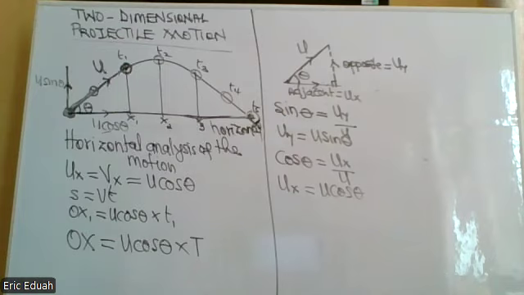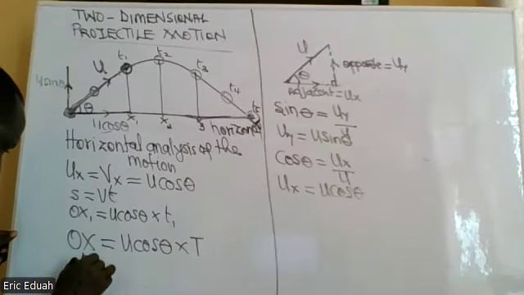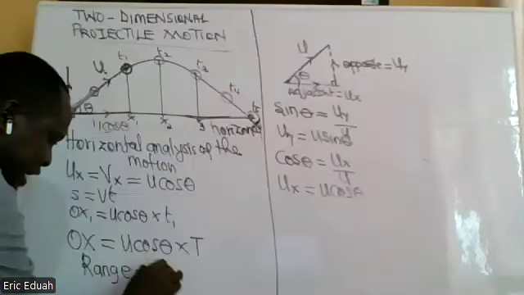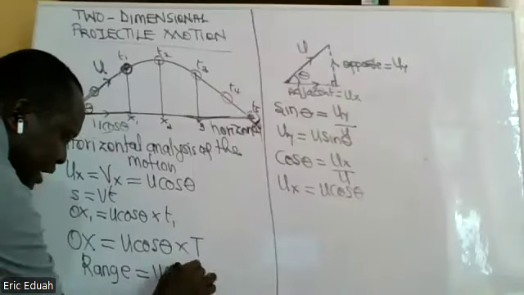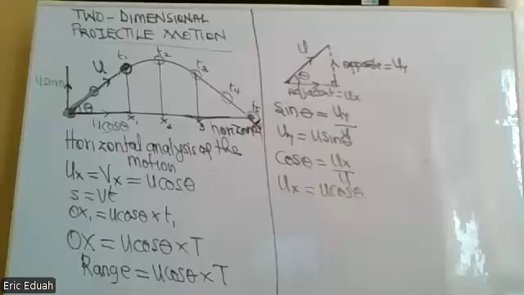So we can therefore conclude that the range of a projectile is equal to u cos theta times the time of flight, capital T.